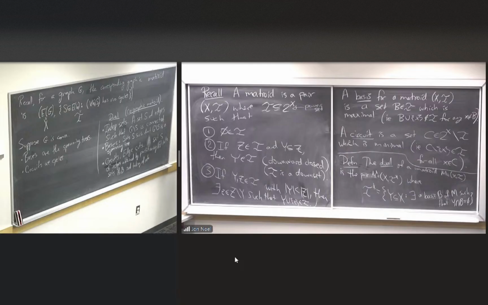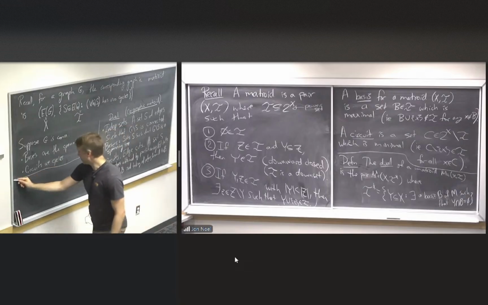Well, am I getting this right? I don't know. You also want this to be a minimal edge cut. I think I may have this slightly wrong, because I think you want the subgraphs induced by A and B to still be connected as well.